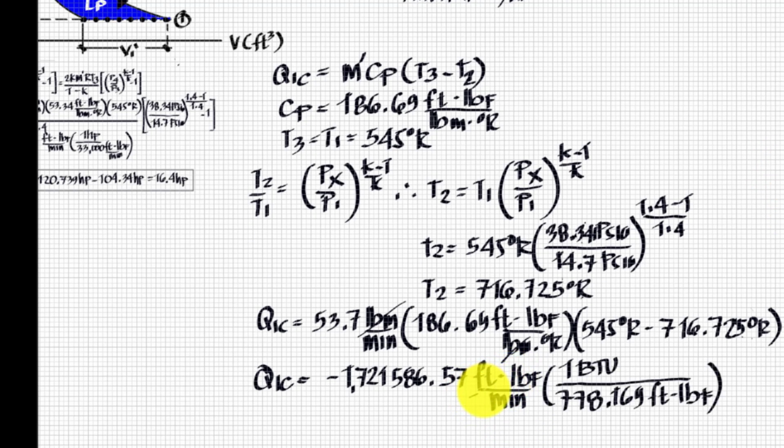Then we have the conversion of one BTU is 778.169 foot-pound force. So we may be able to get the value of negative 2,212.6. So this is BTU per minute.